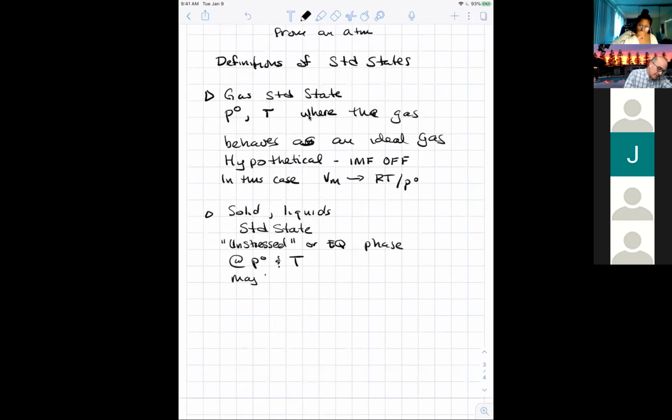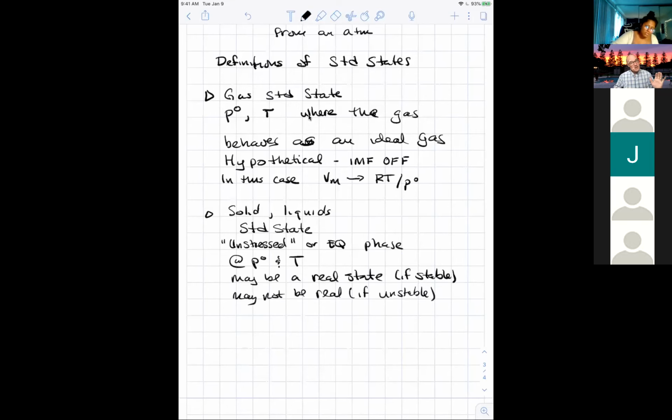Oh, I'm sorry, I'm saying this wrong. It may be a real state if stable. This is very common, right? It may not be real if unstable.